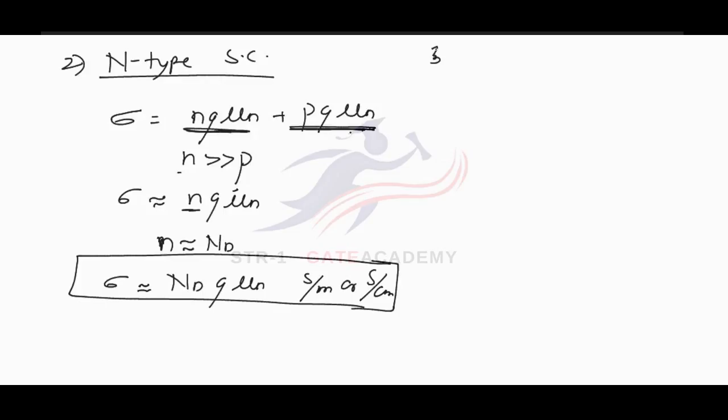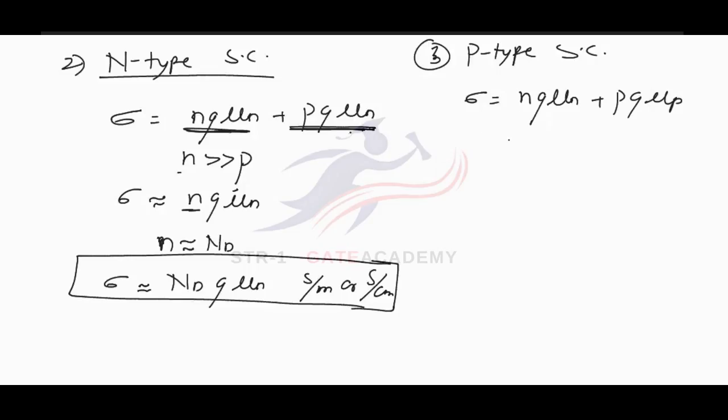Number 3, p-type semiconductor. Again, in p-type semiconductor, both the types of charge carriers will take part in conduction, and conductivity will be defined as sigma equal to n q mu n plus p q mu p.